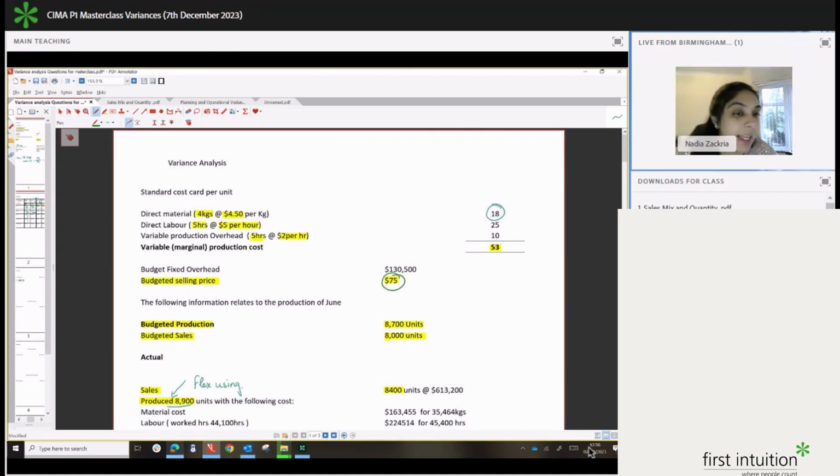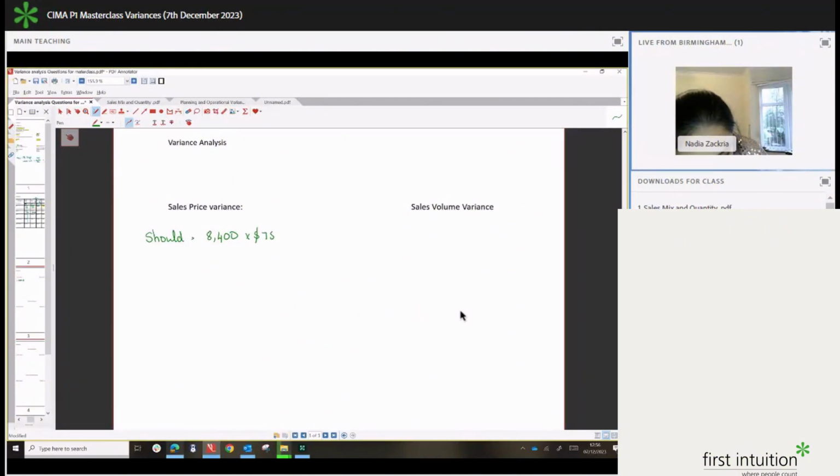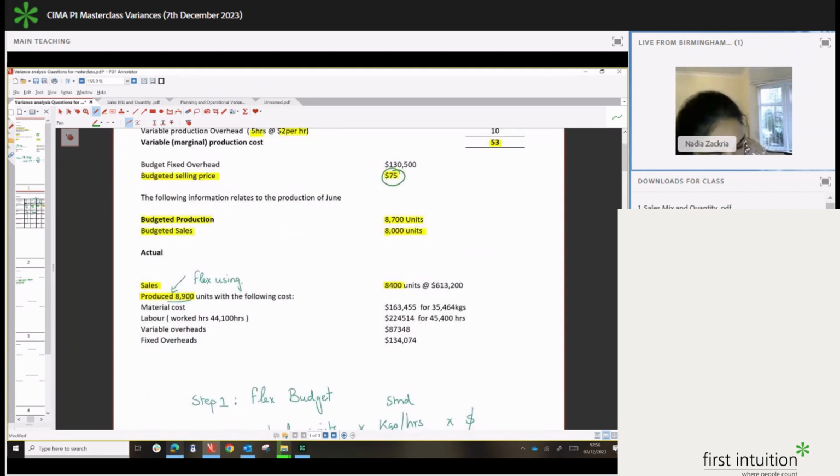That is my selling price. Right? At $75 would mean that I should have earned 630. What did I earn? In the question given to me, we earned only 613,200.